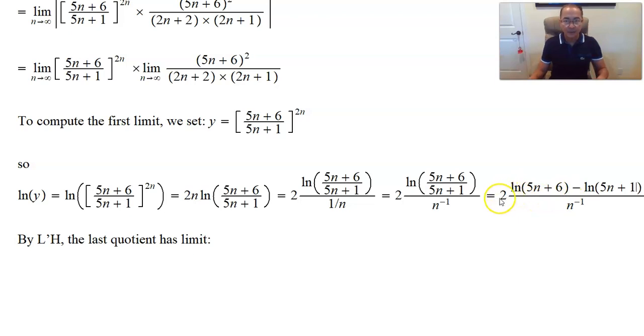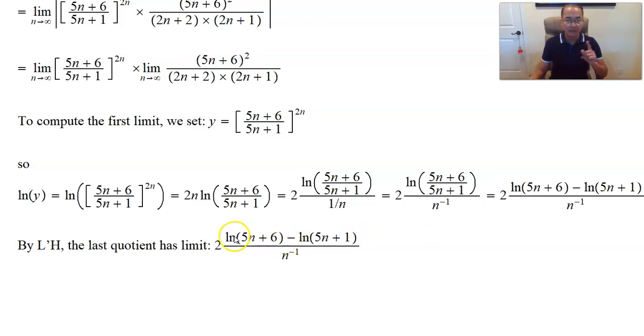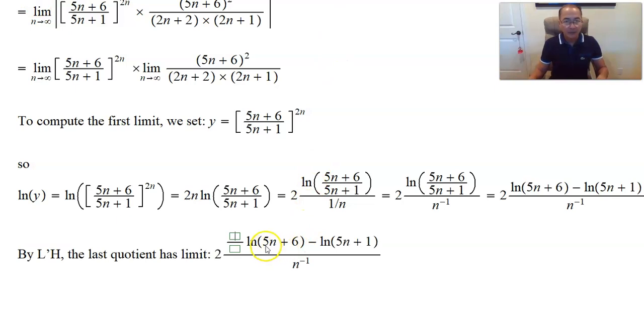Okay, so we can now find the limit. We can keep the 2 outside. We'll take the derivative of the numerator over the derivative of the denominator, because that's how L'Hopital's rule works. So we have 1 over 5n plus 6, chain rule times 5, minus 1 over 5n plus 1 times 5.